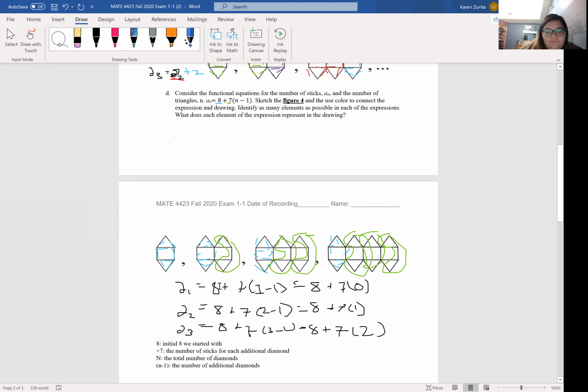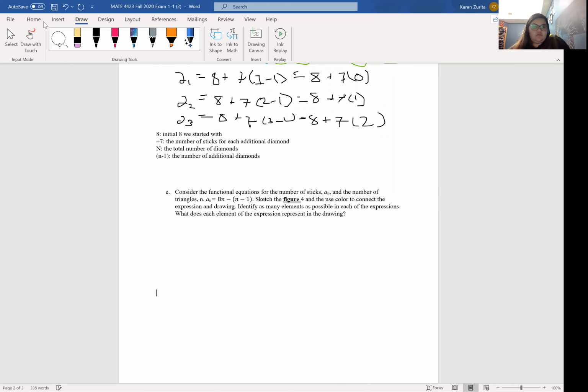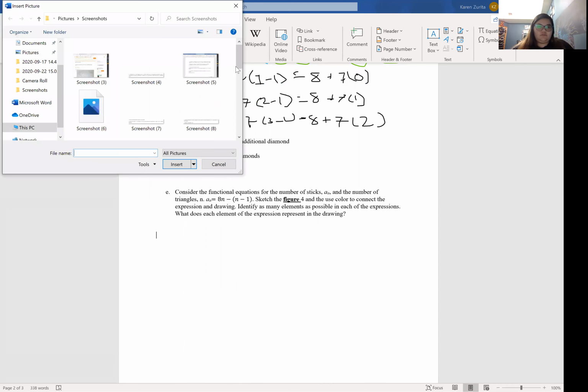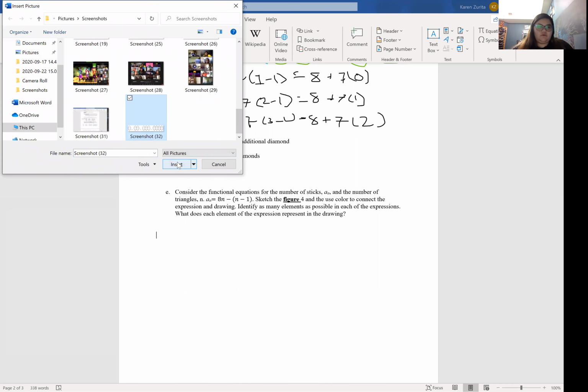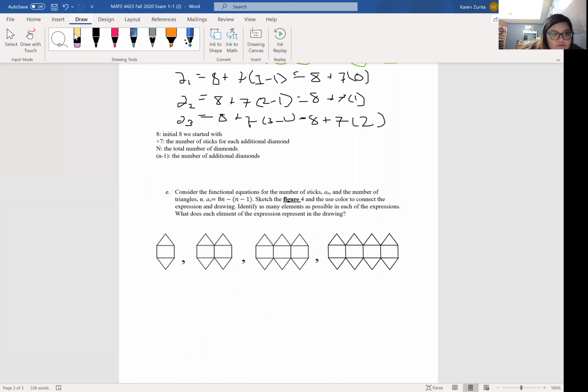So that's for D. Now for E, let's also insert the picture, this device. So for this one, here we have n equals 1, n equals 2, n equals 3, and n equals 4.